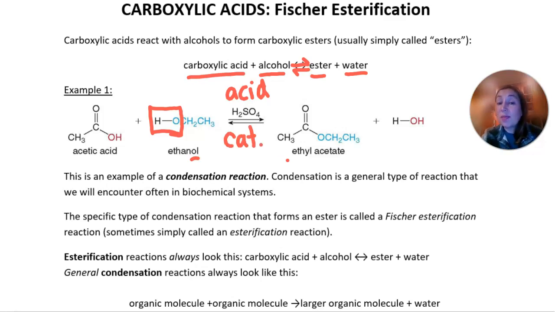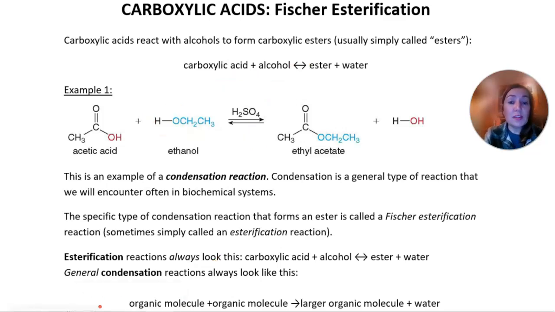And then it reacts to form ethyl acetate, CH3C double bonded to an O, and then bonded to an O, CH2CH3. So the CH3C double bond O came from our carboxylic acid, and the OCH2CH3 came from our ethanol. Let's check all this out.